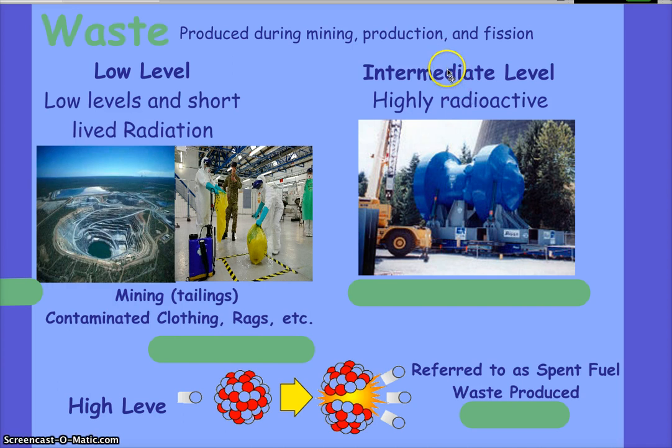They call this intermediate because this is the highest level, which is what? What's the highest level of radioactive waste? What is this reaction right here? Fission. So when uranium goes through fission, we call that fuel spent fuel once it no longer can produce heat, which, by the way, takes about 3 to 6 years.